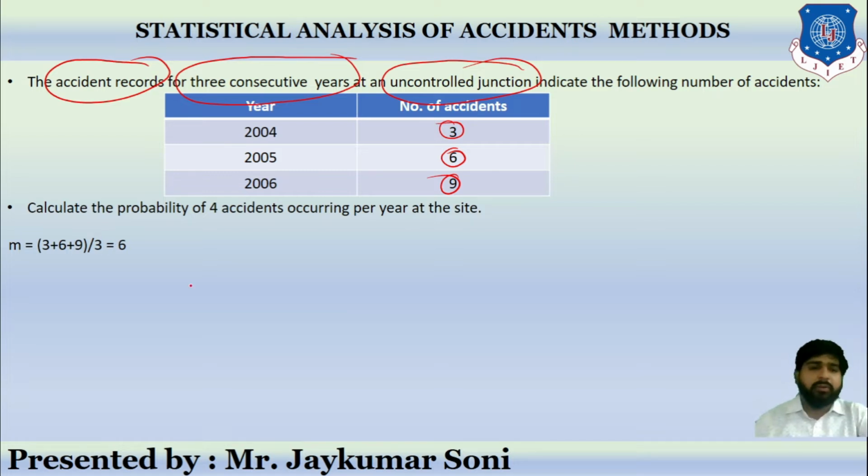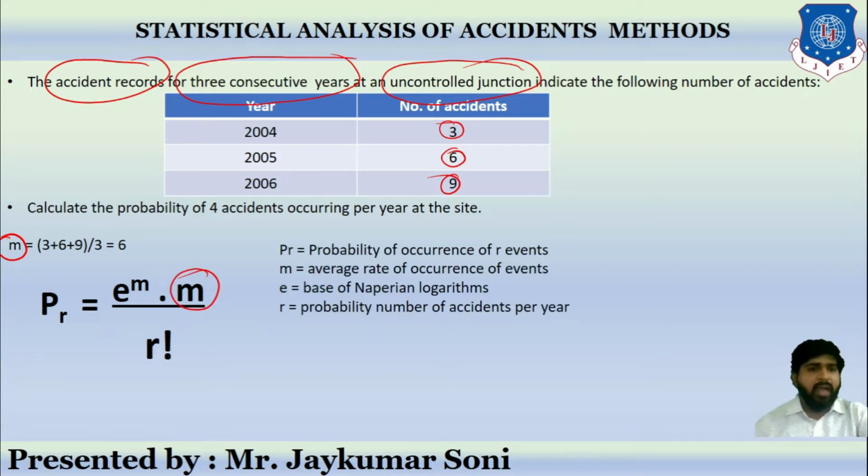First, we will calculate the value of m. m means 3 plus 6 plus 9 divided by 3, that will be 6. So this is the value of m, and m stands for 6. Now m stands for the average rate of occurrence of the event, which we have already learned while discussing the equation formation.